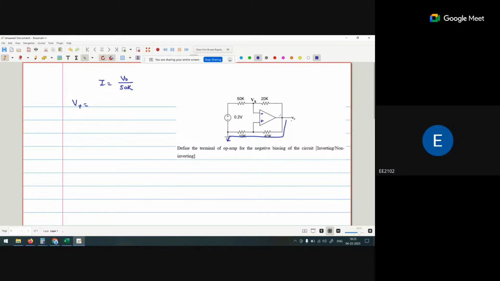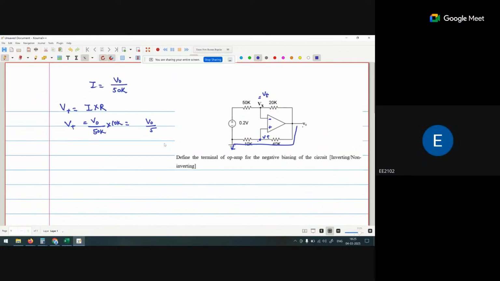The voltage at this point, V plus, is I multiplied by R, which is V naught upon 50k multiplied by 10k, so V positive is V naught by 5. Vx is also V positive.